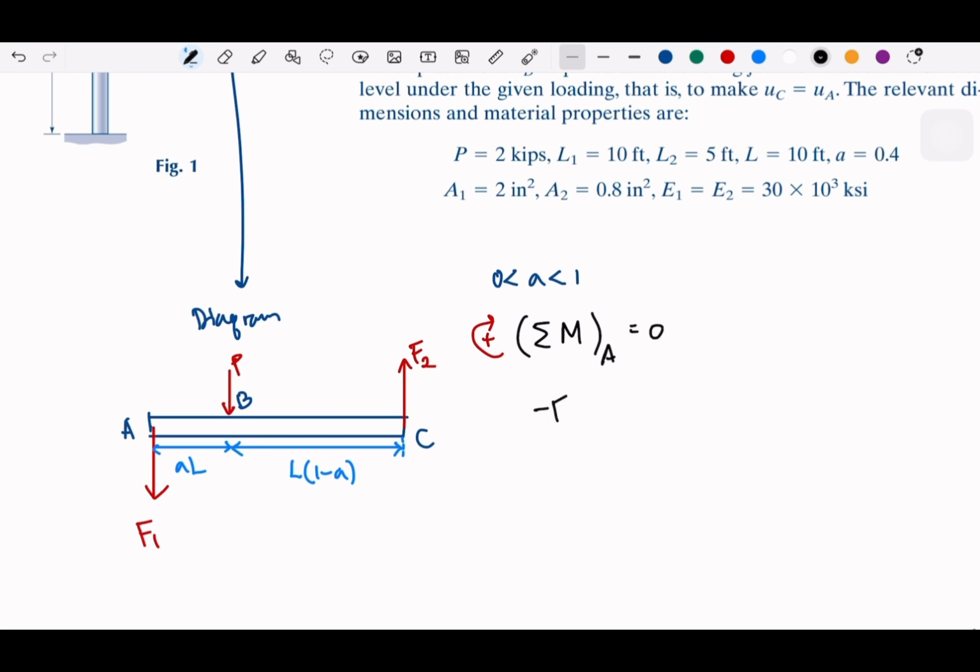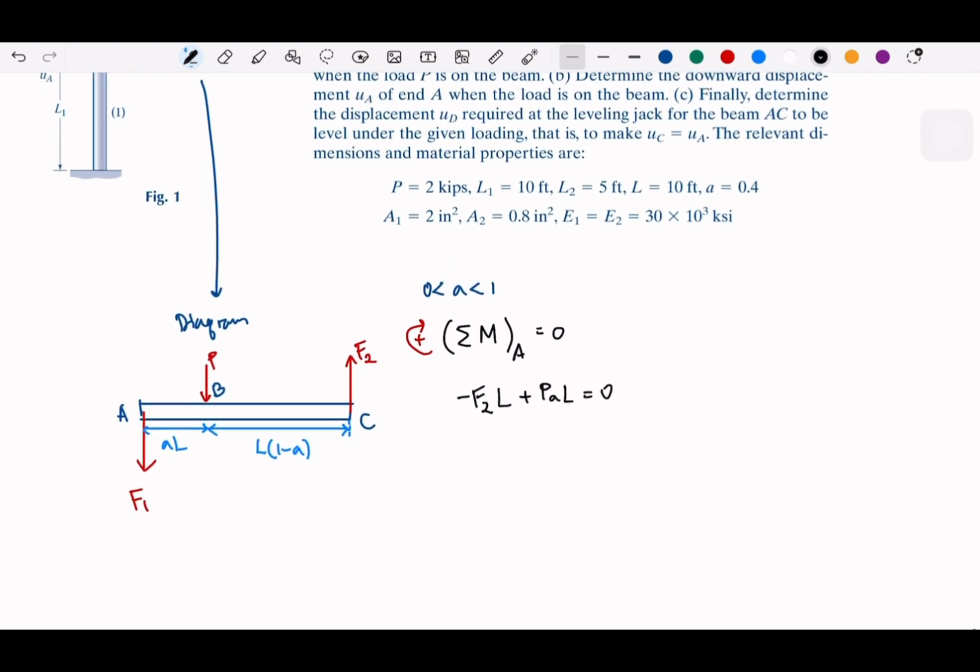So we have negative F2 L, plus P AL, this is equal to 0.